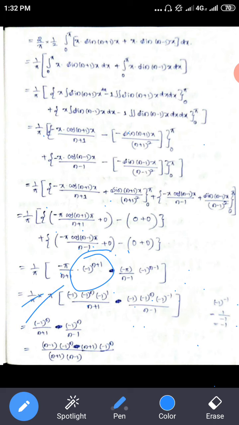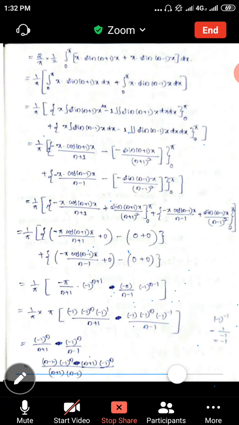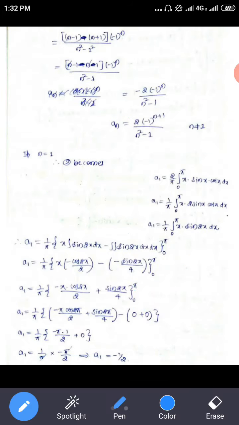So here pi gets cancelled. So here minus, plus minus, (-1) raised to n as it is, divided by (n-1). So (n+1)(n-1) will be the LCM. So (n-1) into (-1) raised to n minus (n+1) into (-1) raised to n. So here (-1) raised to n is a common quantity.